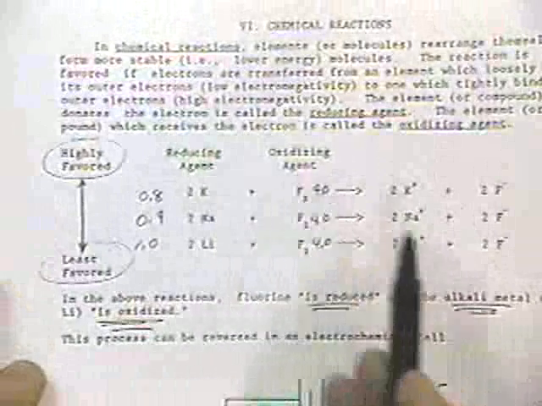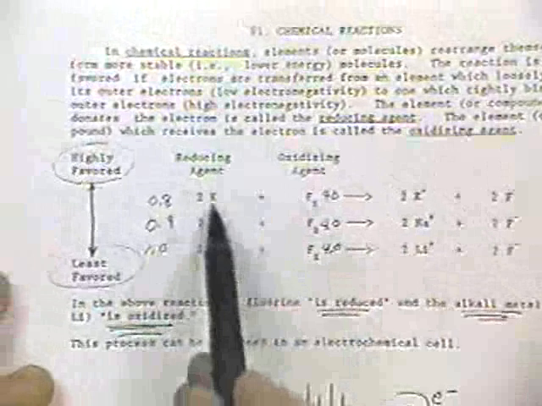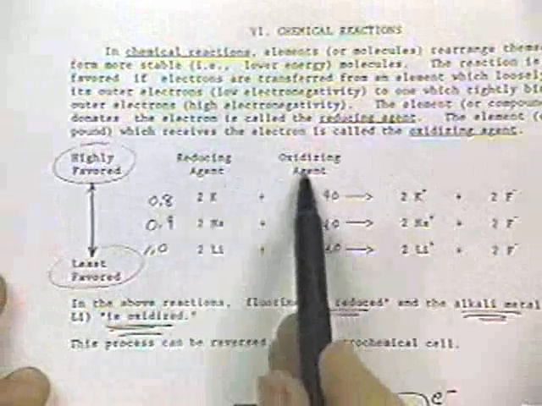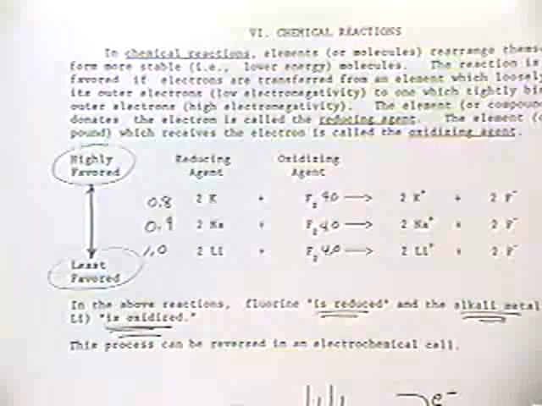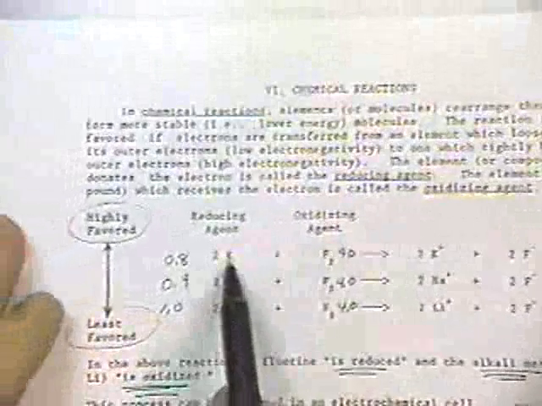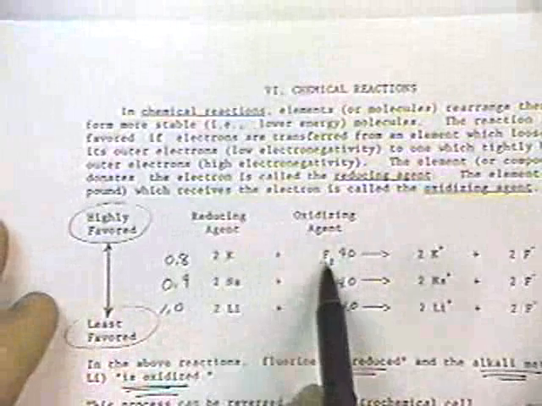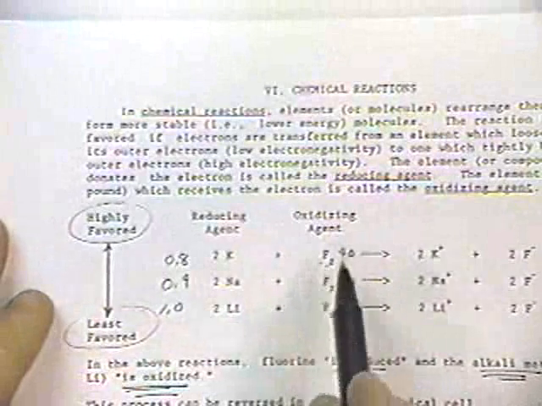We're saying here fluorine is reduced and potassium is oxidized, but we say potassium is the reducing agent and fluorine is the oxidizing agent, so it sort of swirls around your head, and what are you talking about? Well, think of it this way. Fluorine causes the potassium to be oxidized, and potassium causes fluorine to become reduced.